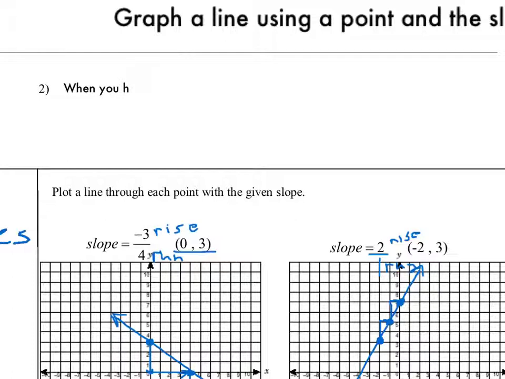When you have a whole number slope, put a 1 underneath to get rise over run. Couldn't have said that any better myself.